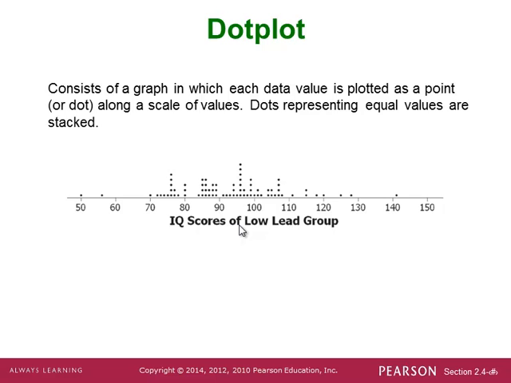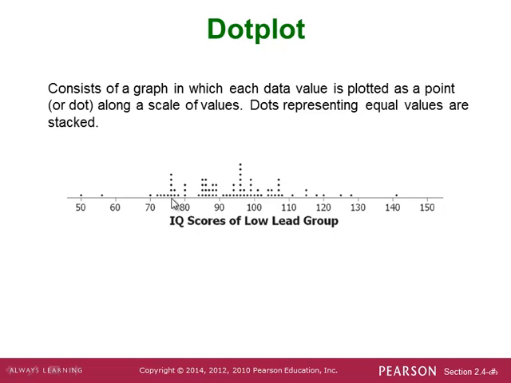This won't work so well if you have non-integer values, or at least some sort of discrete value, maybe out to the tenths place or hundredths place, as long as it doesn't cover too wide of an interval. But here you've got IQ scores for the low lead group. You've seen this data set many times before.